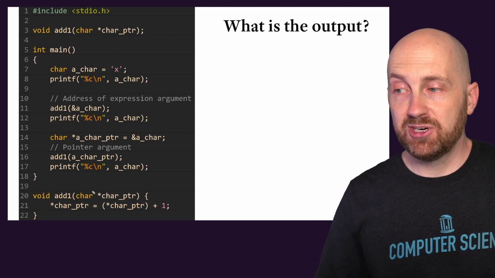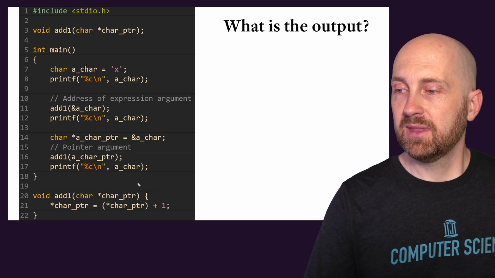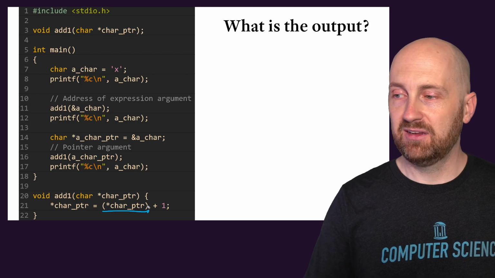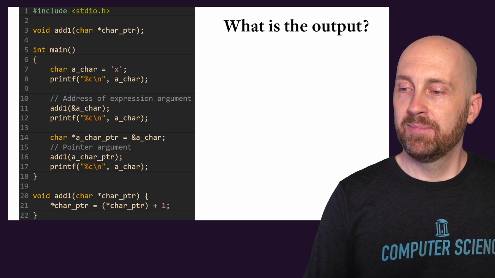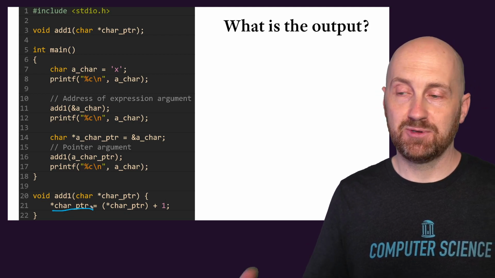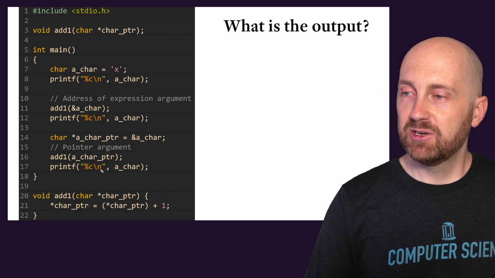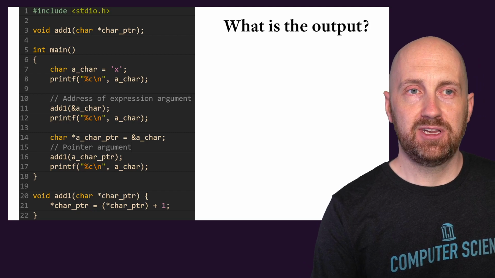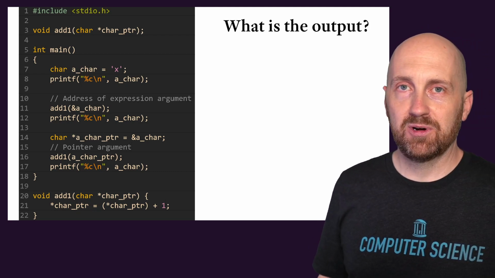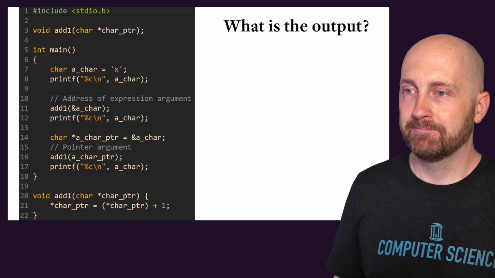So we're giving an address to a character to this add1, and then what we're saying is look up what the current value stored in that address is, add 1 to it, and then store whatever the result is back in the address that was given to us, right? So with that knowledge, try pausing the video here, working through this, and then we'll come back to it after you're done.